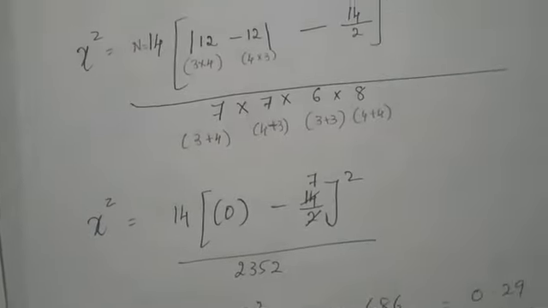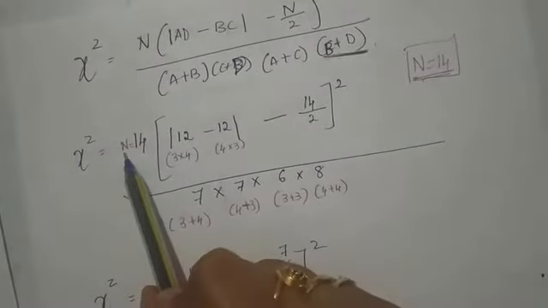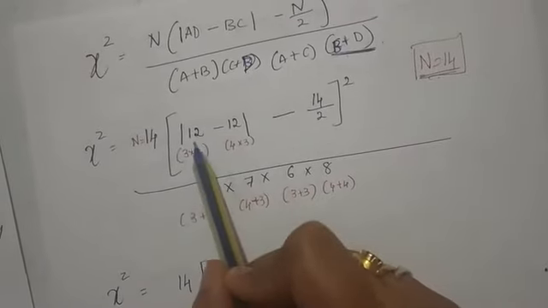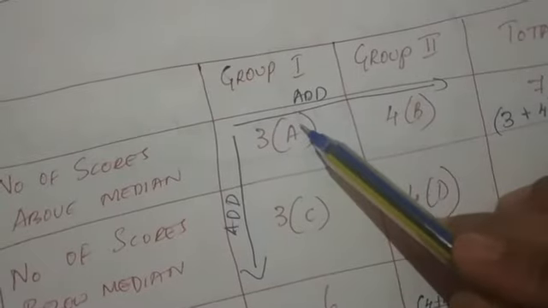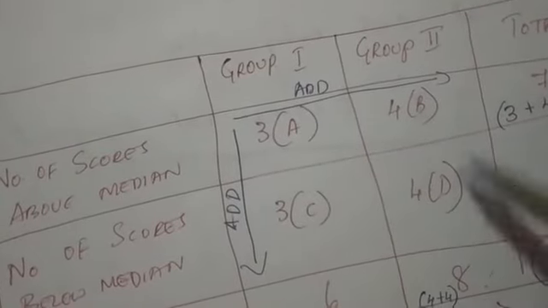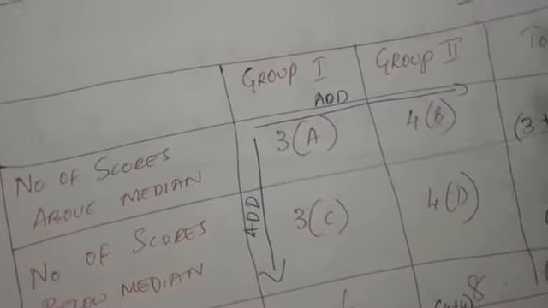So we'll substitute the values here, and n is 14. So chi-square is equal to 14 into 12 minus 12. 12 in the sense, the value of A is 3. We have the formula as A into D minus B into C. So 3 4s are 12, 3 4s are 12.